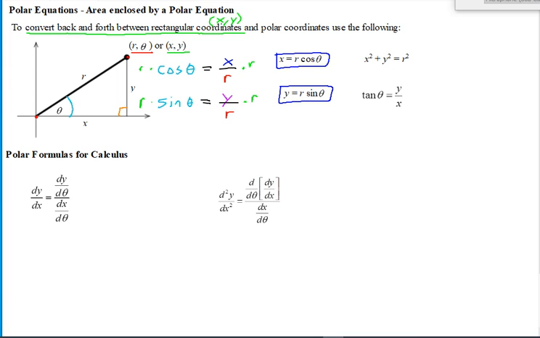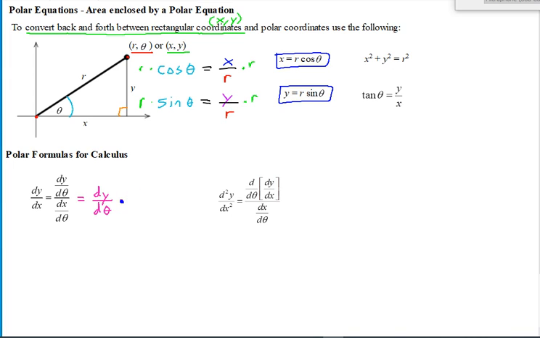And then the polar formulas for calculus, hopefully they look familiar because they're really the same formulas we use for parametric, except for t, we've got theta. So you can see it works in the same way. We've got dy d theta divided by dx d theta, because when you have dy d theta divided by a fraction, remember it's the same as multiplying by the reciprocal.